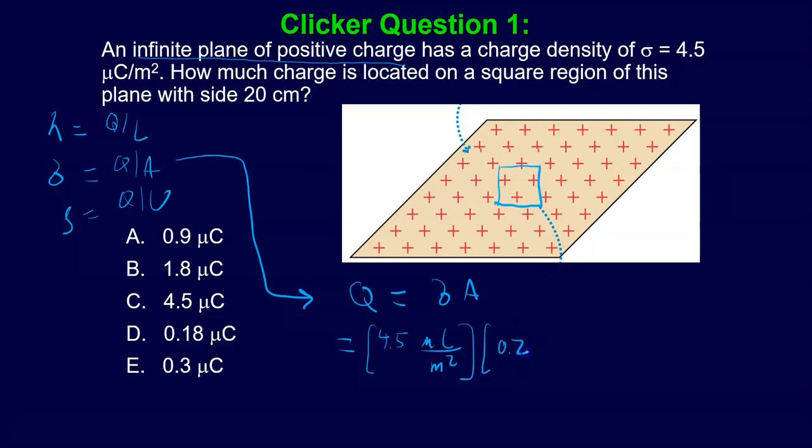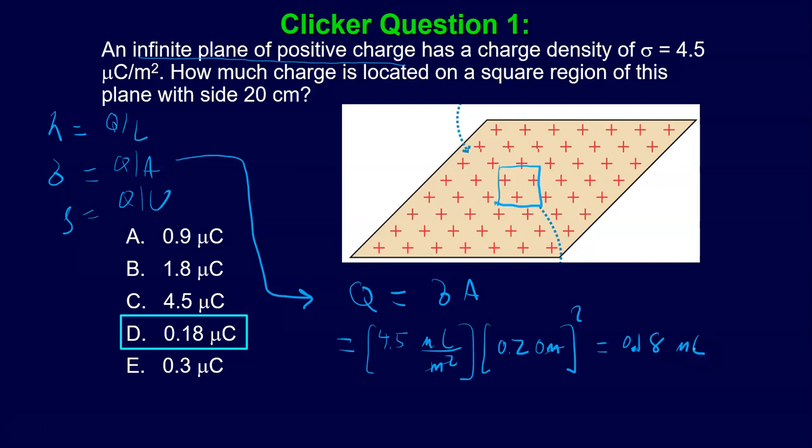We have to convert this into meters, and you'll notice that the meters cancel out, and we're left with just coulombs. When I did this, I got 0.18 microcoulombs, which is the answer D.